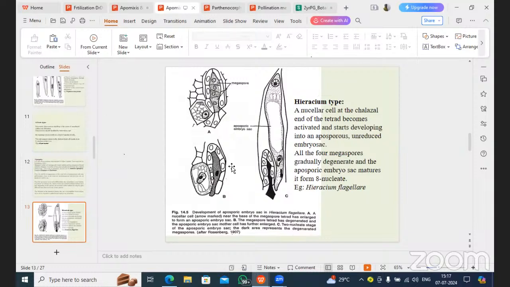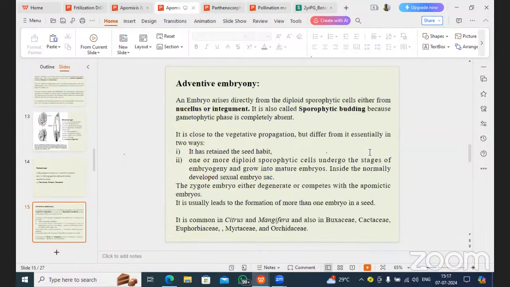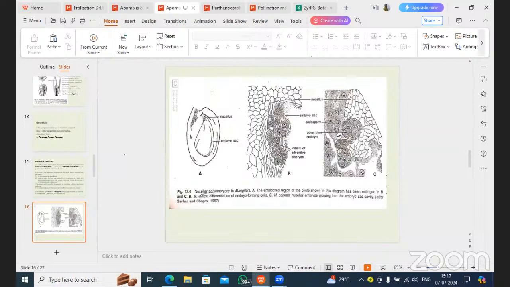Instead of the egg cell, other cells, either synergid cells or antipodal cells or nucellus, form the embryo. Adventive embryony: other than the embryo cells, the remaining part of the ovule takes part in the formation of the embryo. That is common in citrus and mango, Mangifera indica, and citrus.